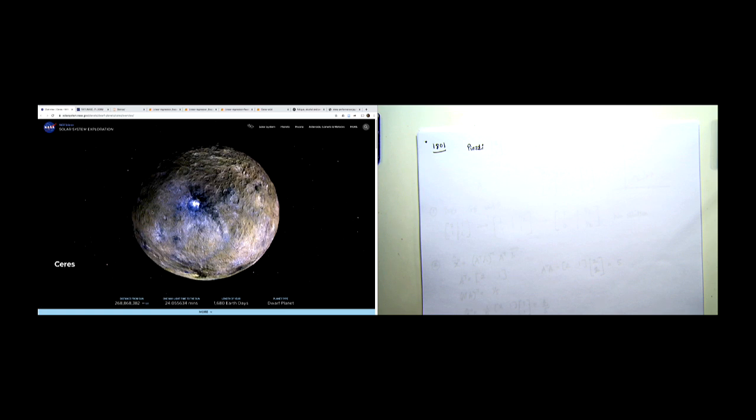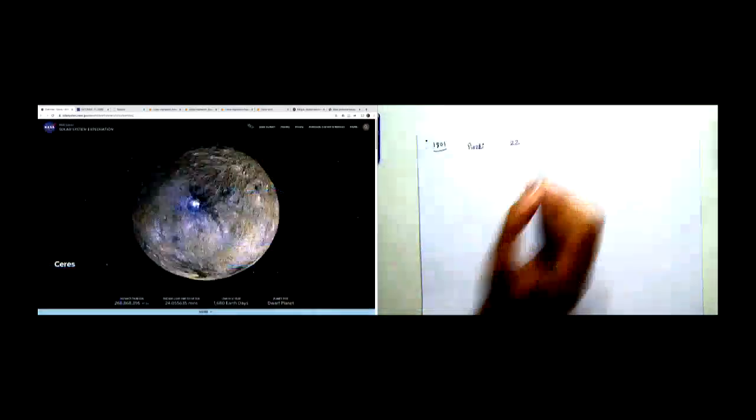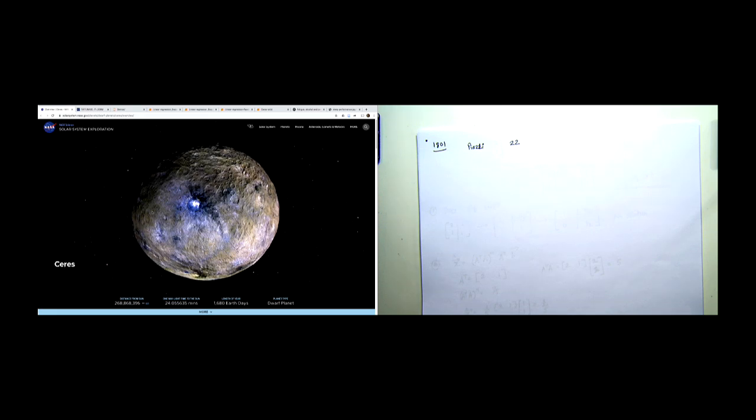And he was observing the skies, as astronomers tend to do, and he made observations of a point of light in between Mars and Jupiter, in the space where he would expect there would be blank space, and he made 22 observations of this over the course of many, many nights.